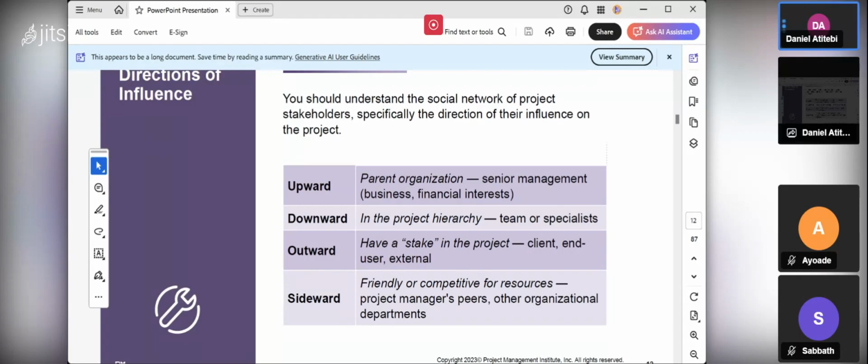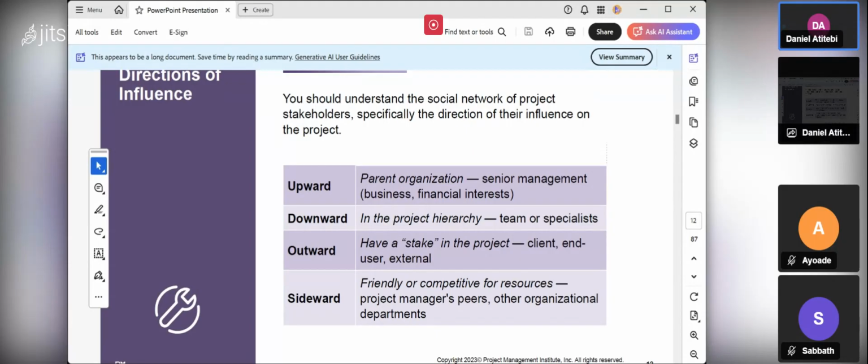The sideward is friendly or competitive for resources. Your project manager peers. You know, your organization might be doing more than one project. Maybe your fellow project manager who is managing another project, the resources that you use, that person also will be using.